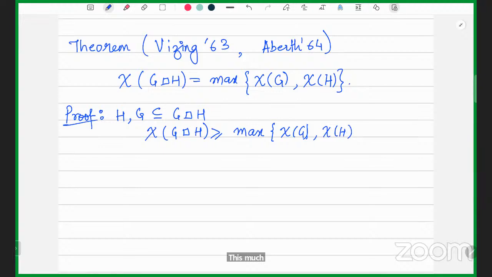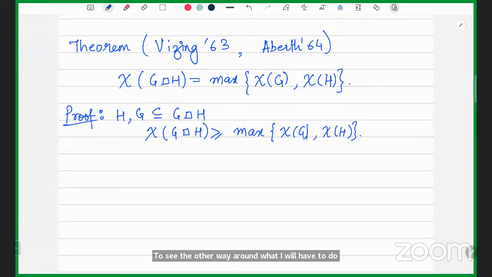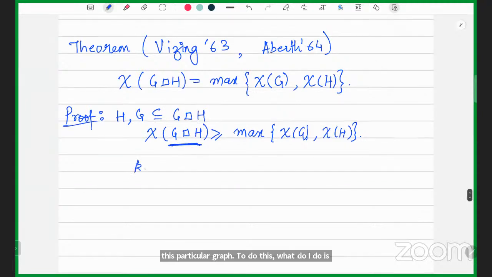To see the other way around, what I will have to do is I have to find a coloring with max of this many colors, which should be sufficient to color this particular graph. To do this, let's say K is this number. Let me just put this here itself and save some time.